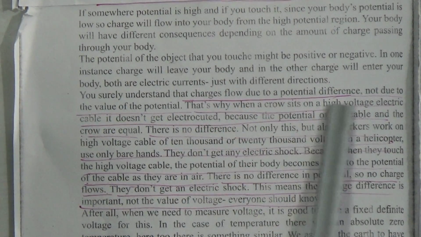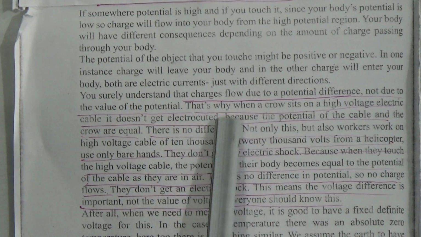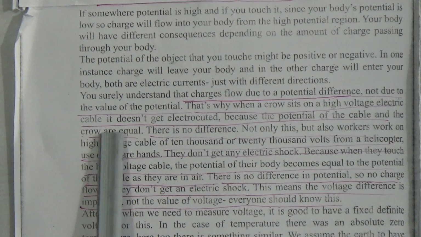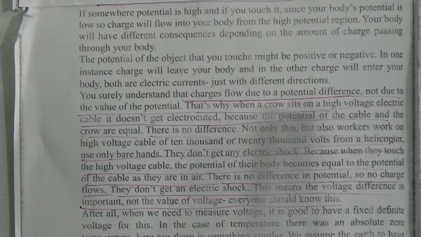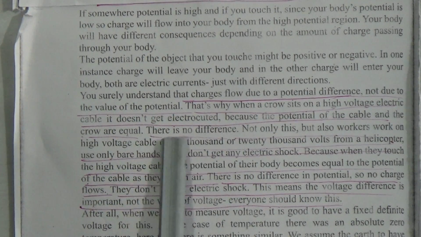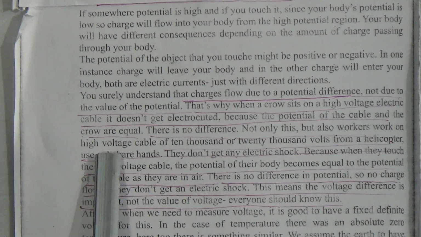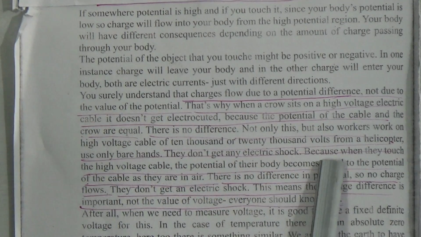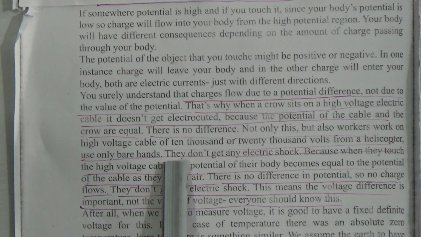flow due to a potential difference, not due to the value of potential. That's why when a crow sits on a high voltage electric cable, it does not get electrocuted, because the potential of the cable and the crow are equal. There is no difference. Not only this, but also workers work on high voltage cables of 10,000 or 20,000 volts from a helicopter using only bare hands.